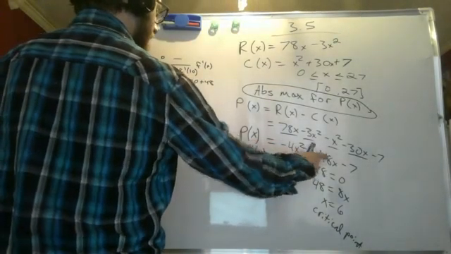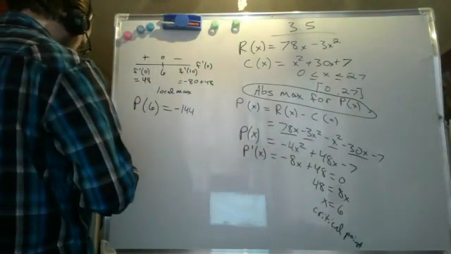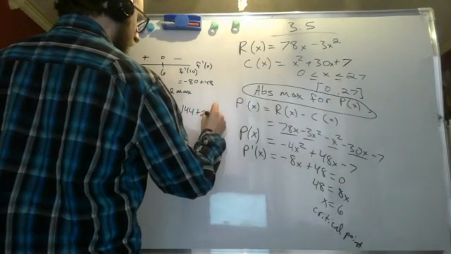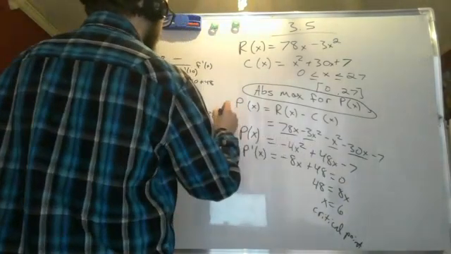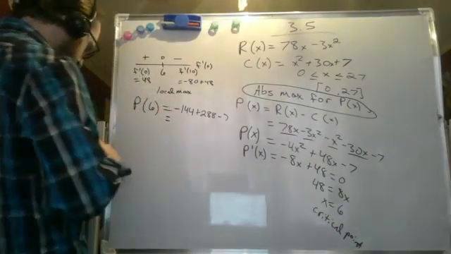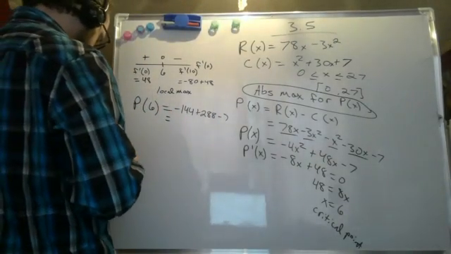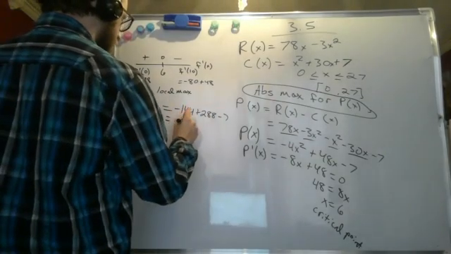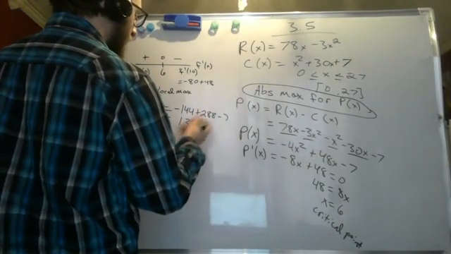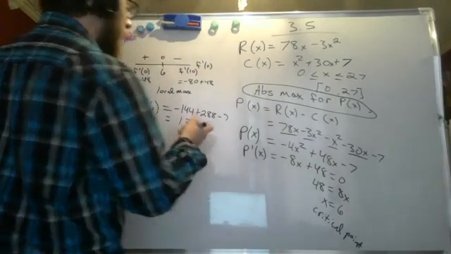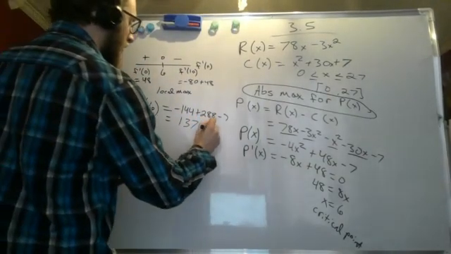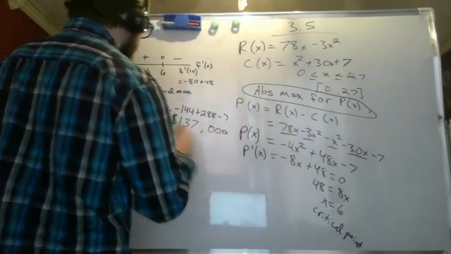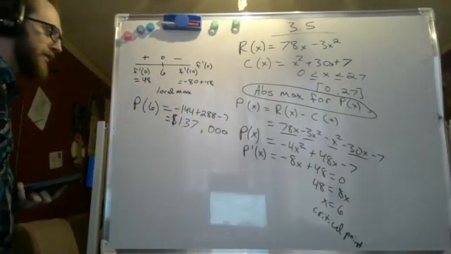And then plus 48 times 6, which is going to give us 288. And then lastly, we've got a minus 7 on the end. So 288 minus 144 minus 7, we get a final answer of 137. Now remember, this is in thousands. So 137,000 is the expected weekly profit if they sell 6 units, whatever a unit is.